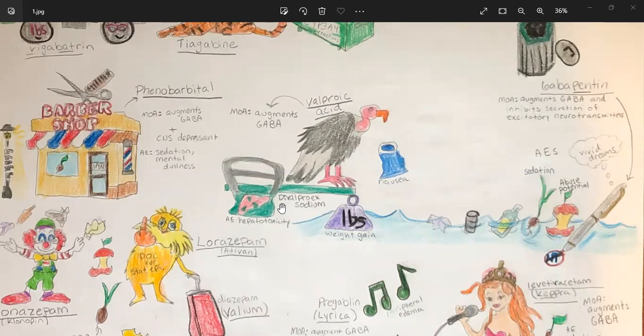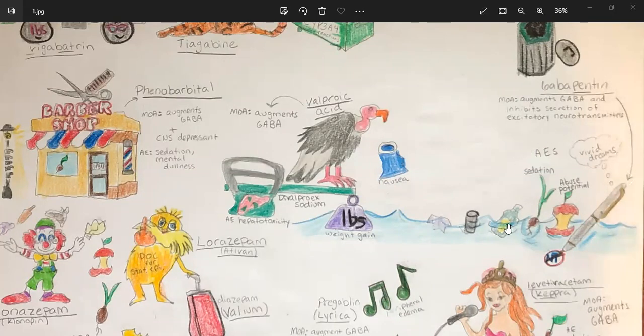Both valproic acid and divalproex sodium have the adverse effects of nausea, weight gain, and hepatotoxicity. And then for gabapentin, one of the pieces of garbage is a pen, so a garbage pen for gabapentin.